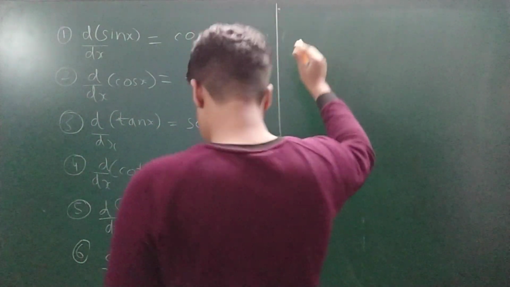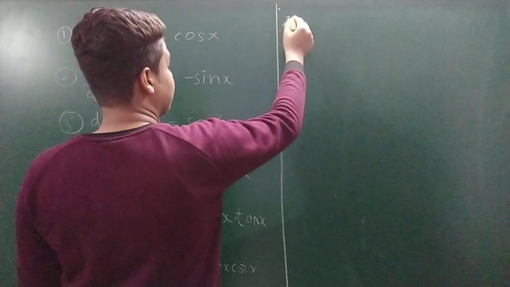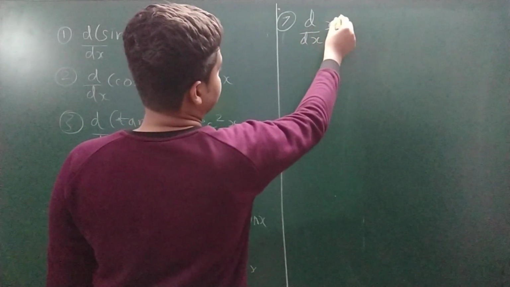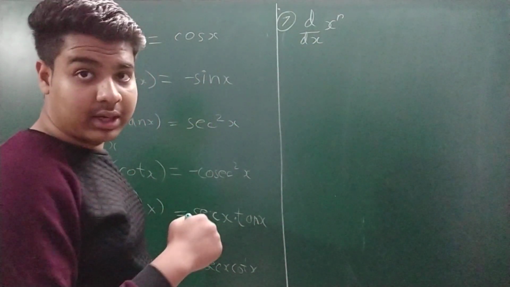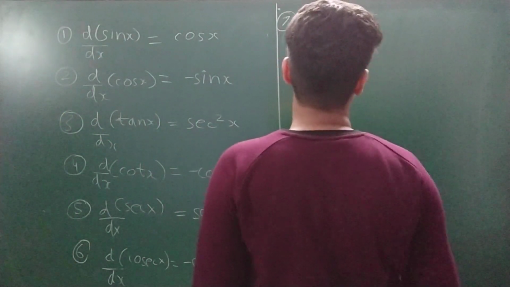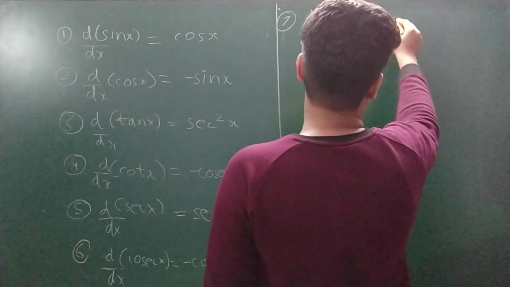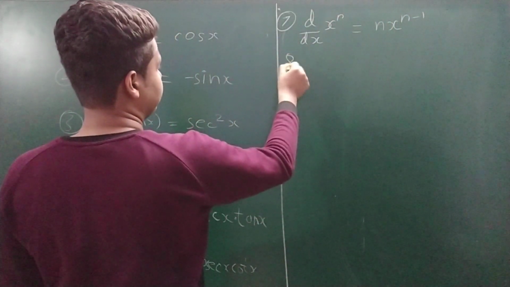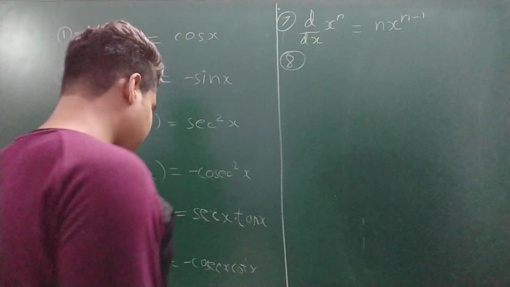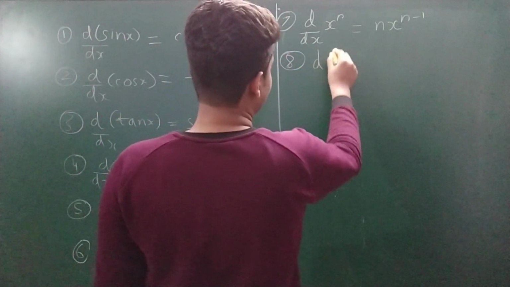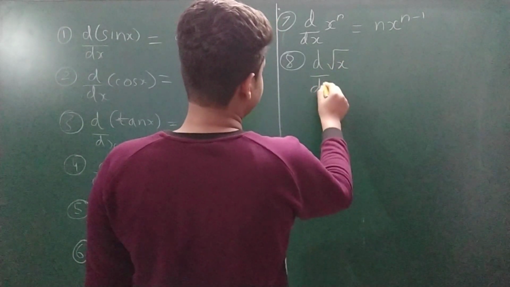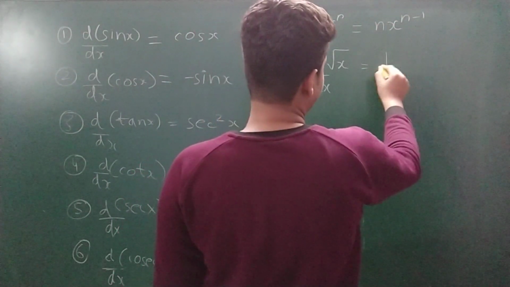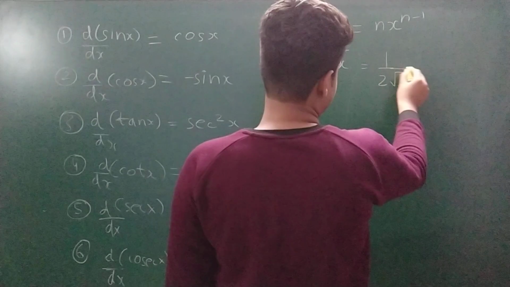Here I am writing down some other differentiation formulas. The seventh formula is differentiation of x to the power n with respect to x. For this the answer is n x^(n-1). Then the eighth one is differentiation of root x with respect to x, which is 1 by 2 root x.